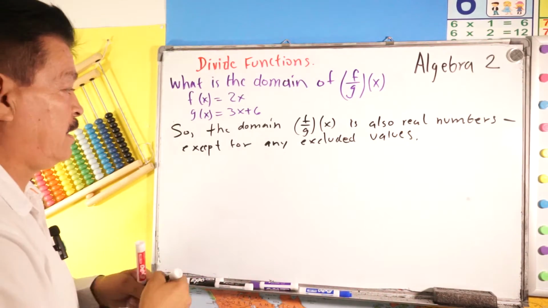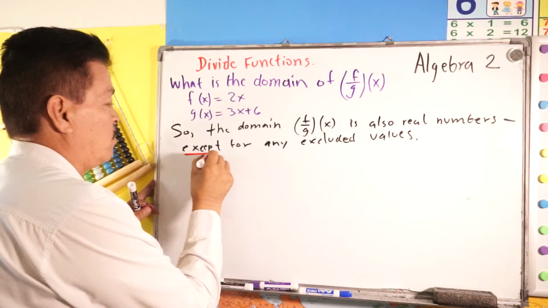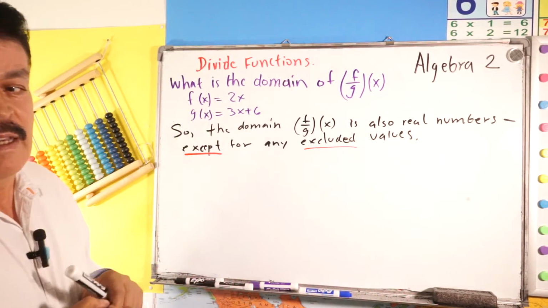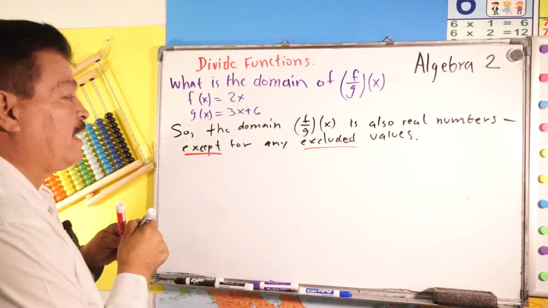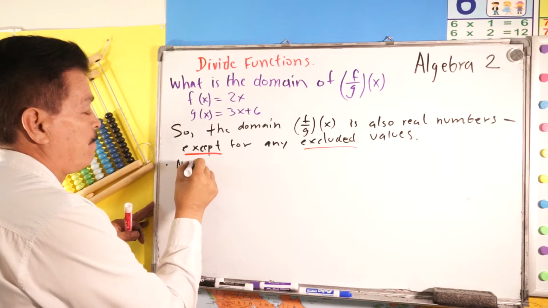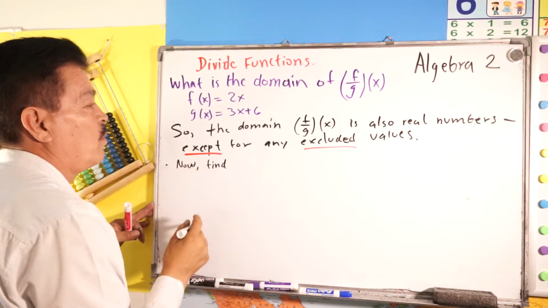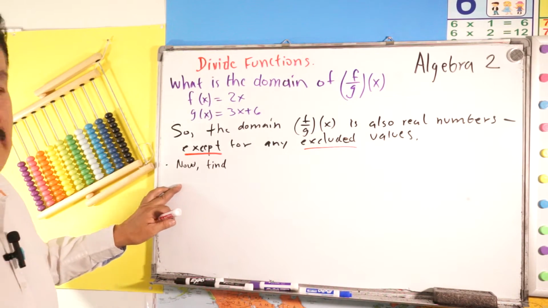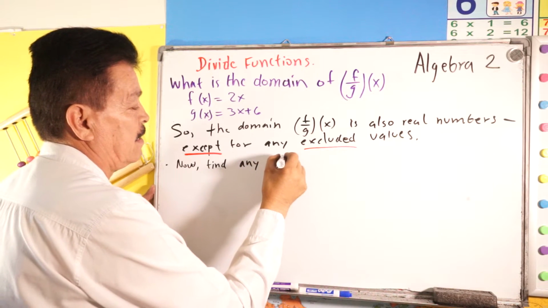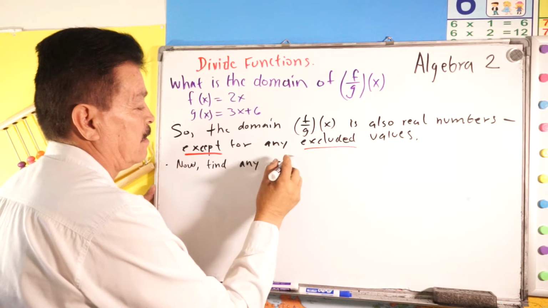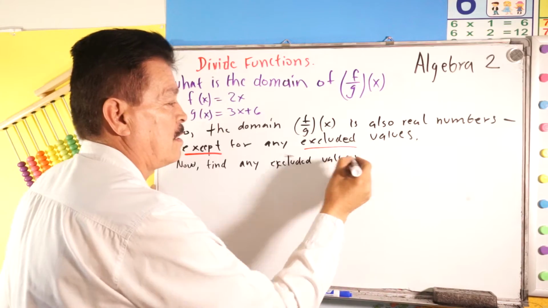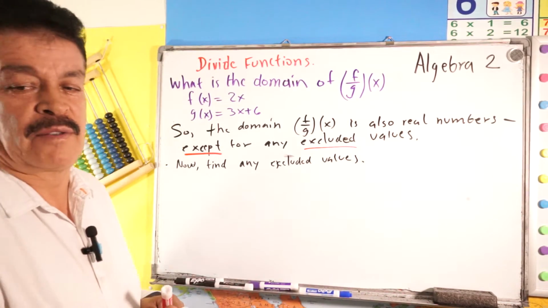This is what you have to check. Now we have to find the excluded values. How do we find them?